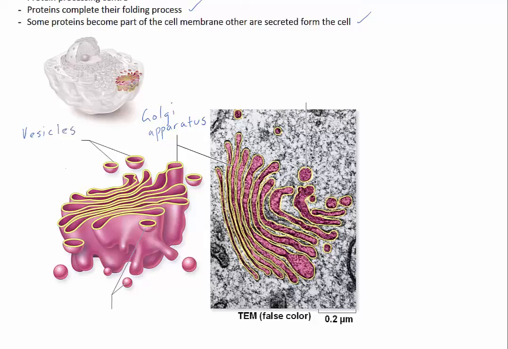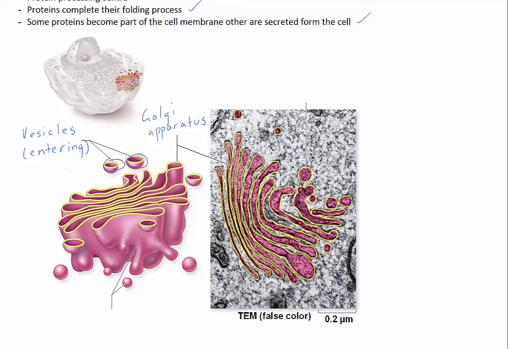which contain proteins. So these are vesicles, and these vesicles are actually entering the Golgi apparatus. Once they enter the Golgi apparatus, the proteins that are contained inside the vesicles complete their folding process so that they're fully functional proteins.